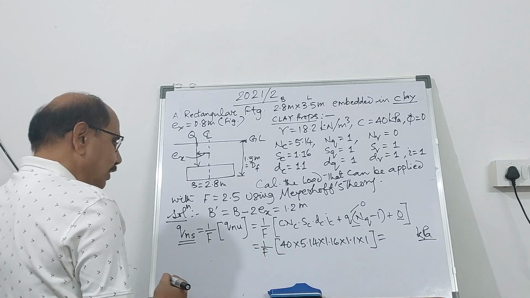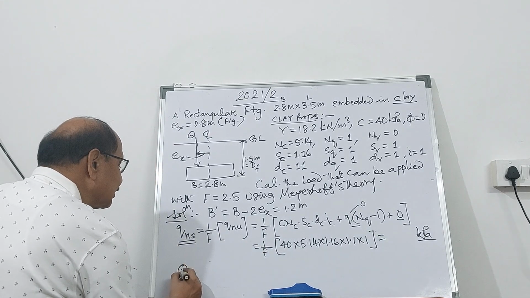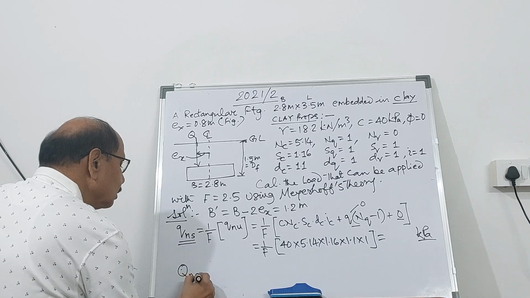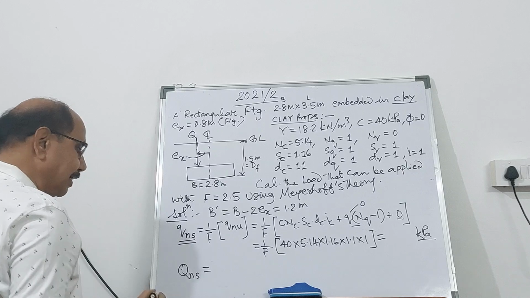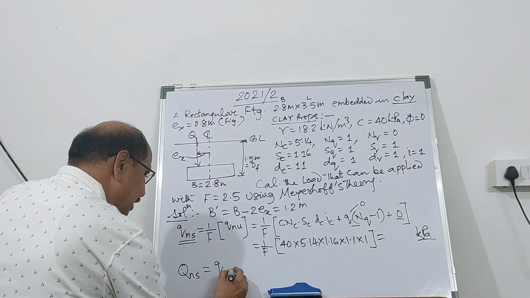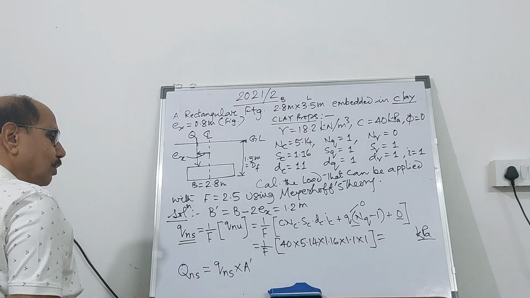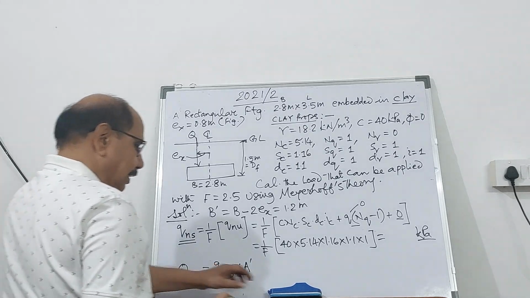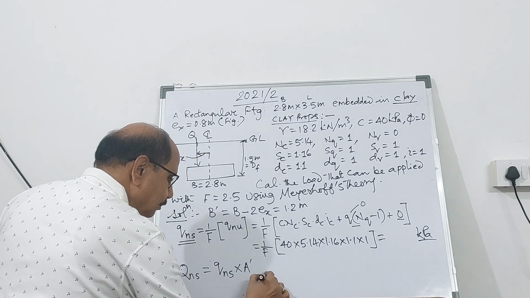And once I calculate this, then I can apply the net safe load that this footing can carry, which will be equal to the net safe bearing capacity into A prime. A prime is the corrected area, and the corrected area is going to be quite simple.